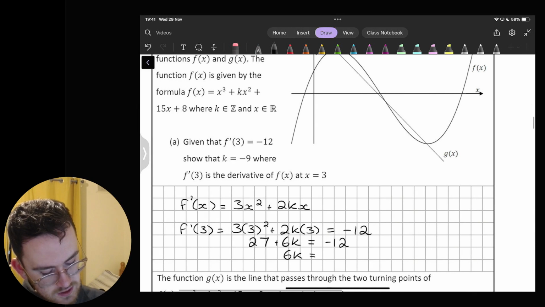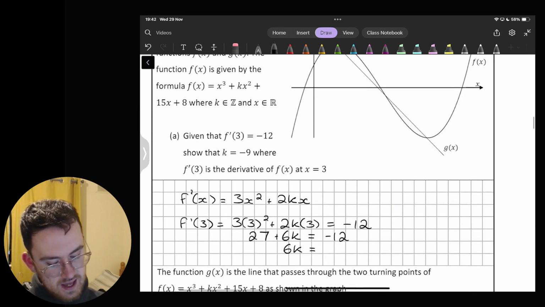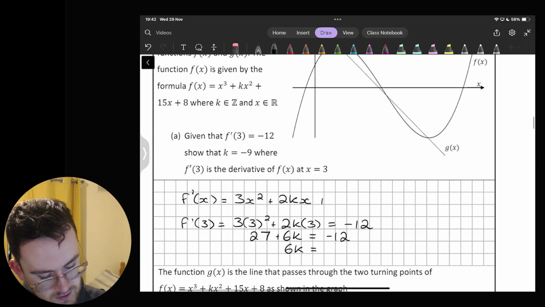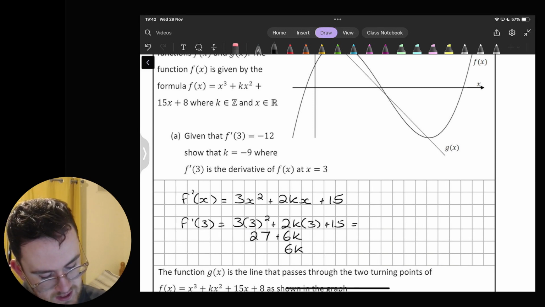Sorry, I've forgotten the last little part of the formula there, plus 15. So 27 plus 6k plus 15 equals minus 12.